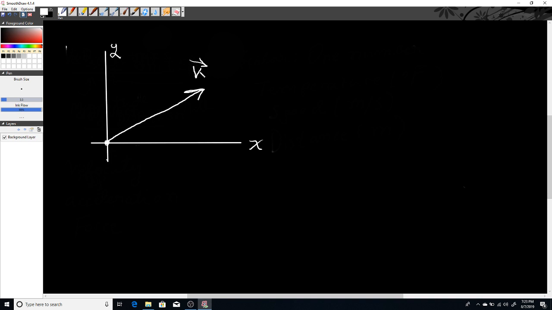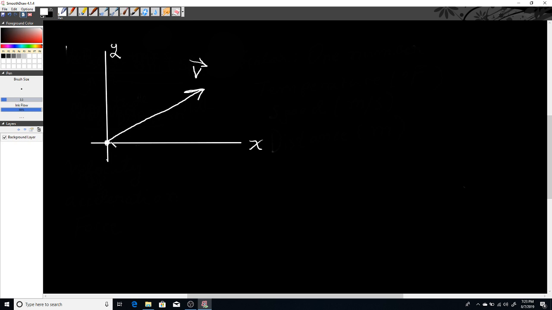So this vector has a magnitude, which in the schematic case is represented by the length of the vector. And you can scale that however you want. For example, if you were representing velocity and you wanted 1 meter per second to be scaled to 1 centimeter, then you could do that and draw your vector appropriately.